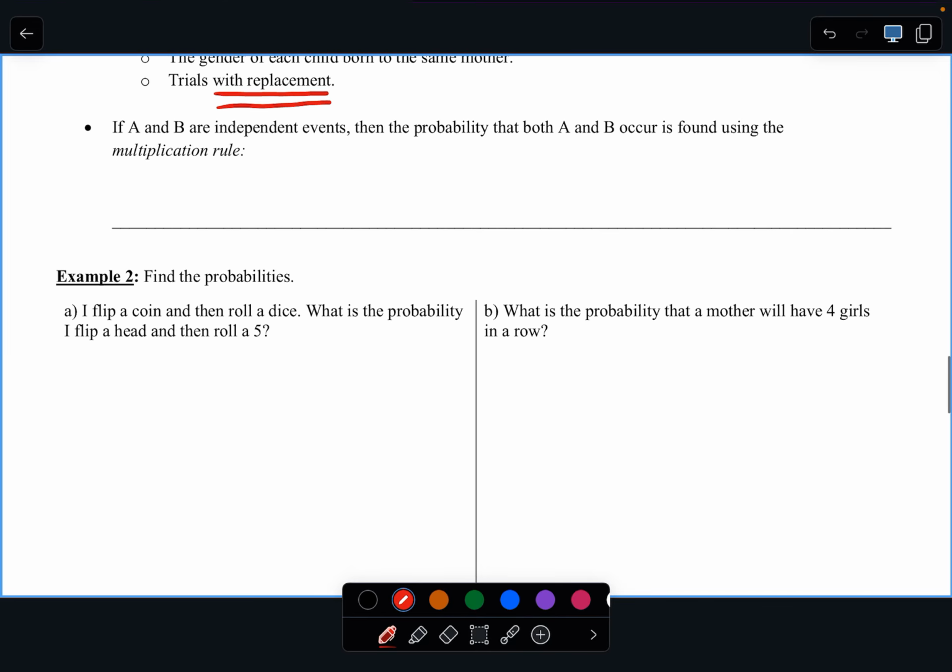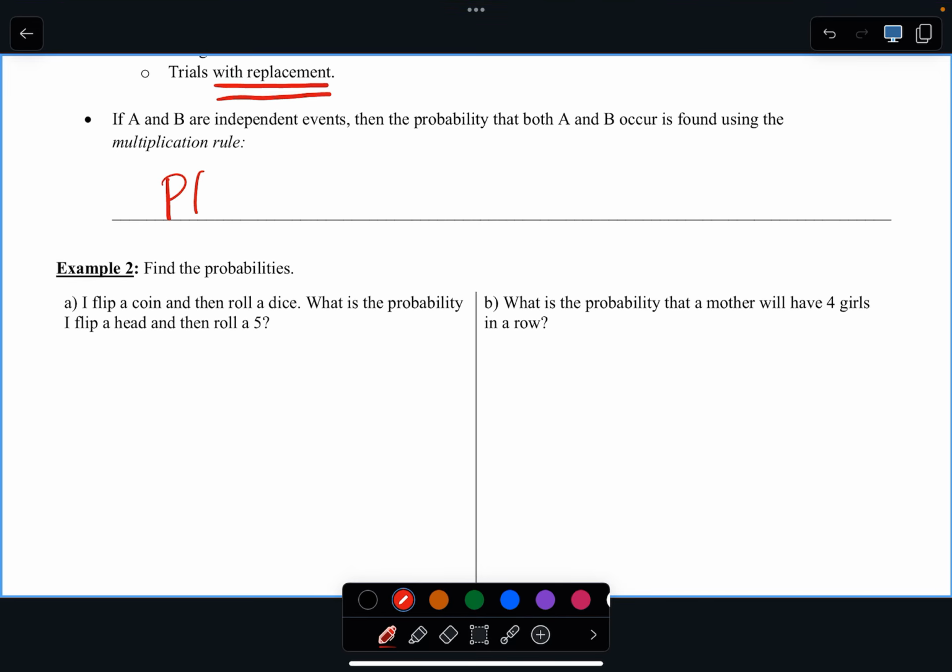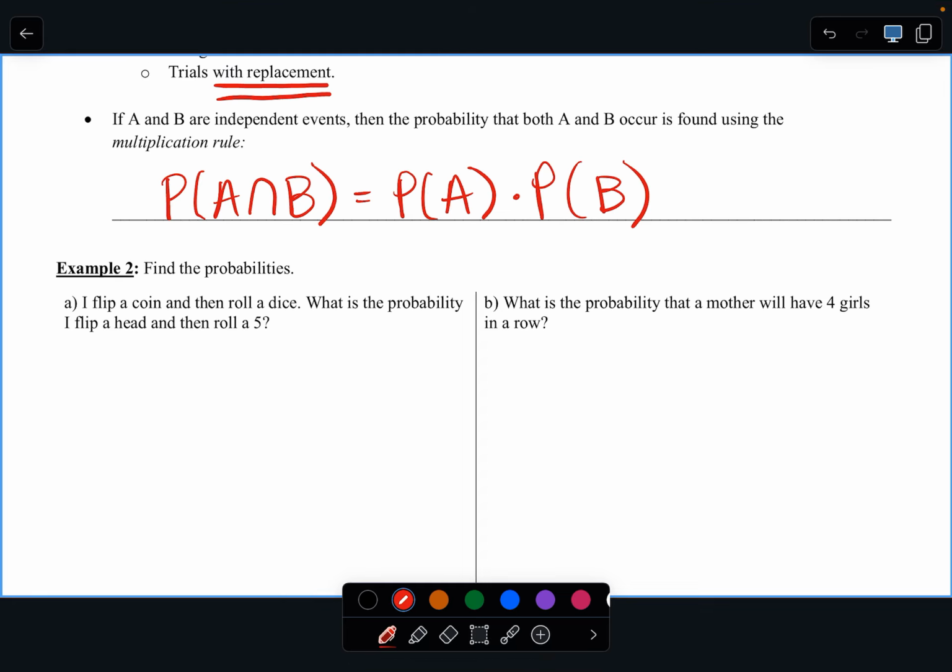Now there is a rule: probability of A and B is going to be the probability of A times the probability of B. One little thing is this formula itself is not on the formula chart.